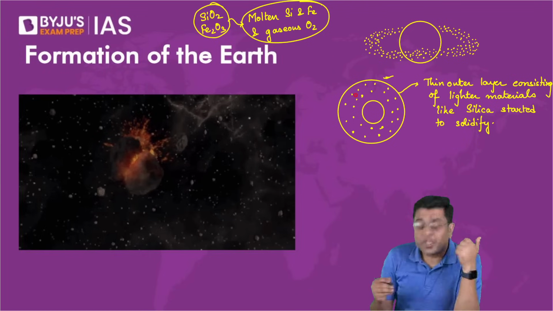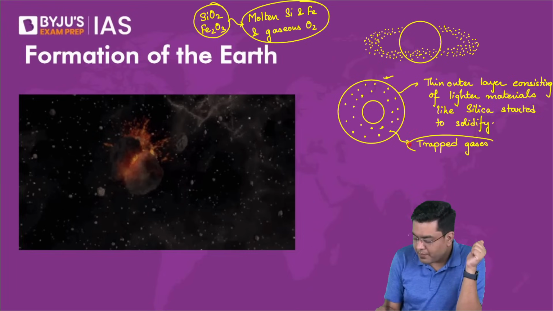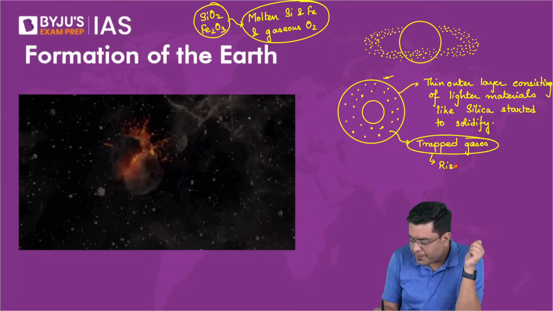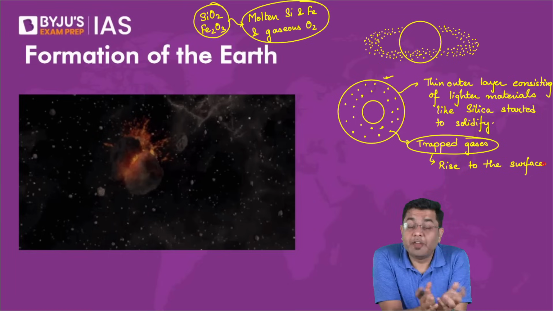So, these trapped gaseous materials rise to the surface. Now, when they rose to the surface, with the pressure, they would bring molten materials as well.